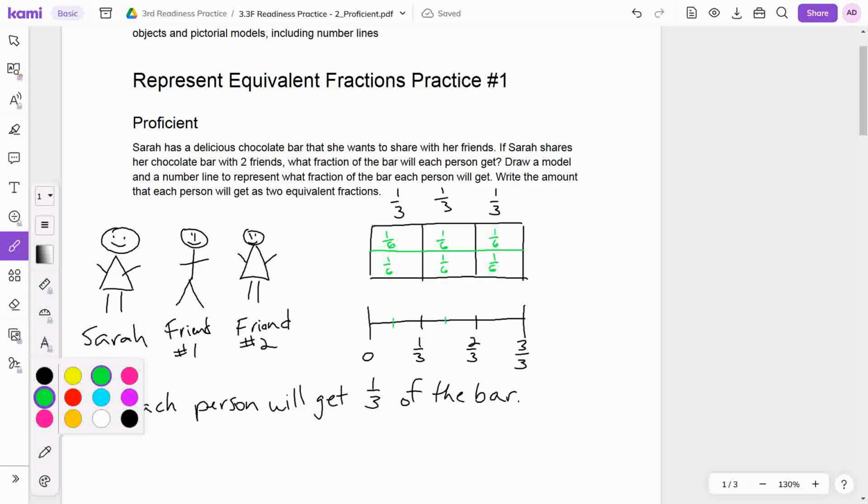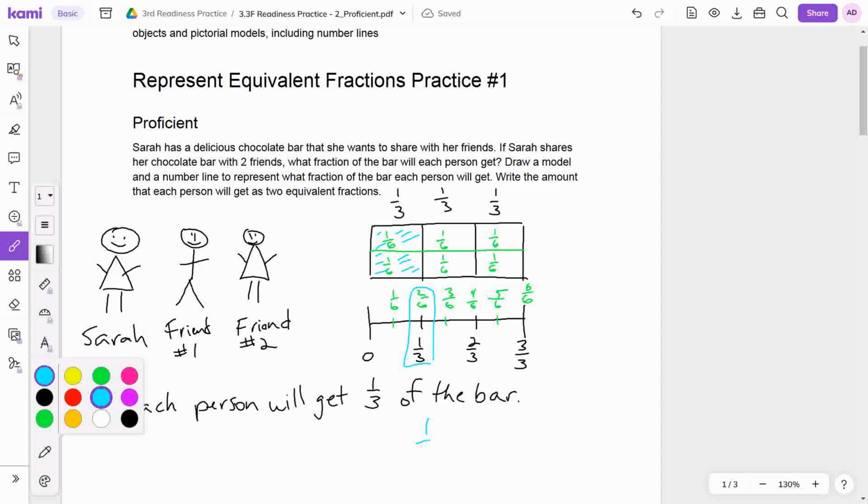I can also do it like this: 1/6, 2/6, 3/6, 4/6, 5/6, and then 6/6. So I could say, using this right here, this is going to equal that 1/3.